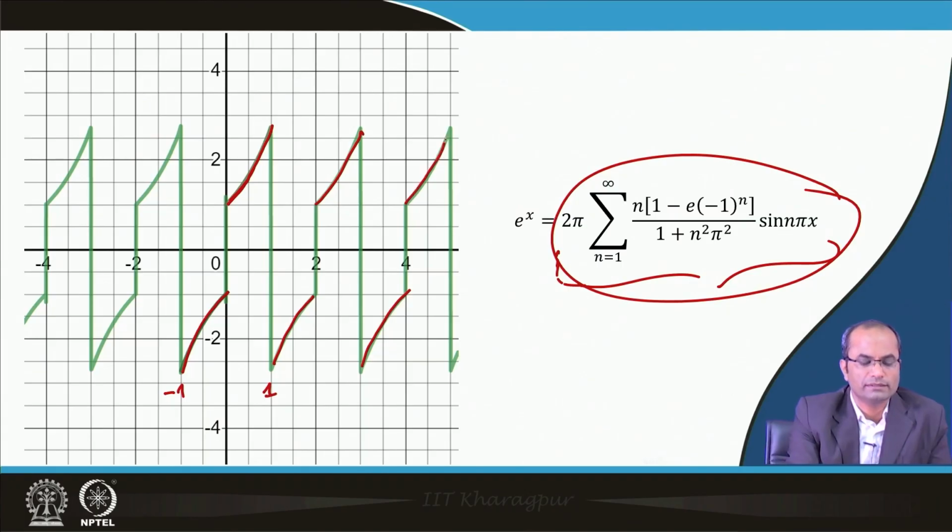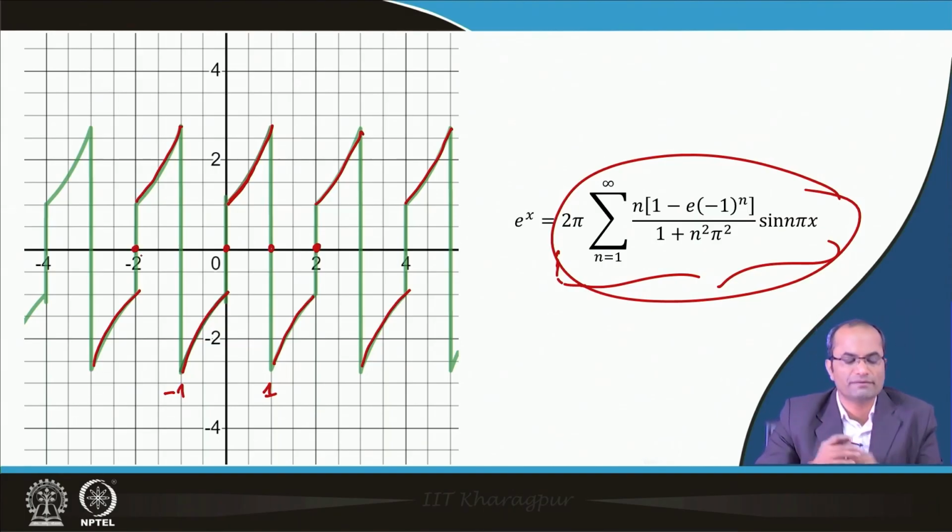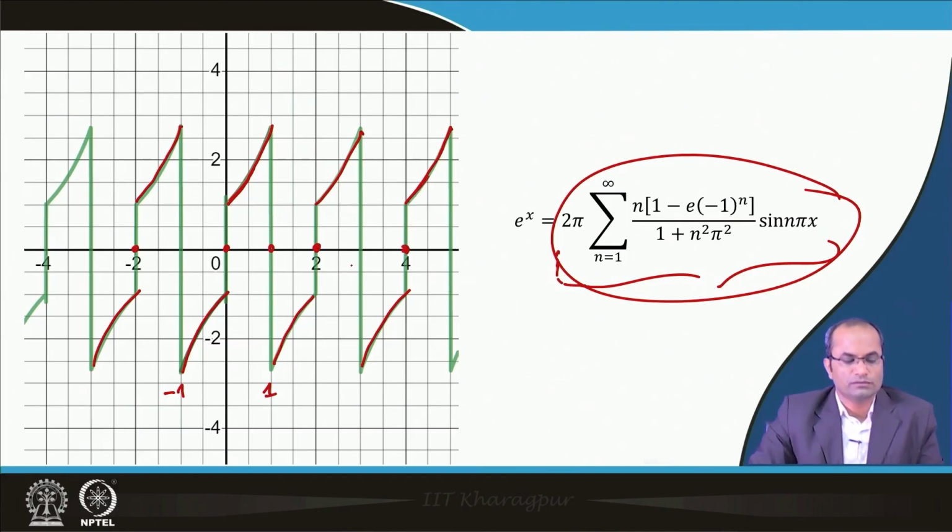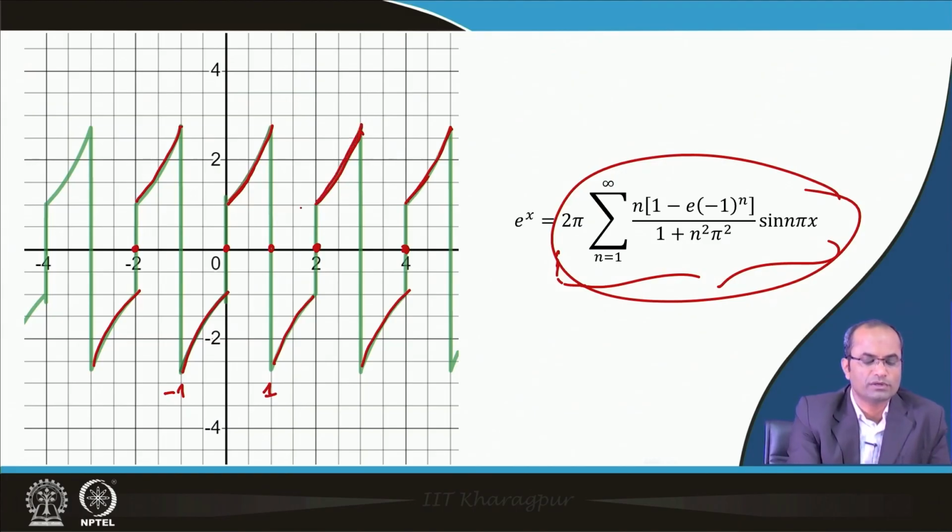Here again, and this one, and so on. That will be the Fourier series, and in the middle it will always pass through 0. At the point of discontinuity it will converge to the average value, otherwise for any other value of x it will converge to exactly this exponential function.